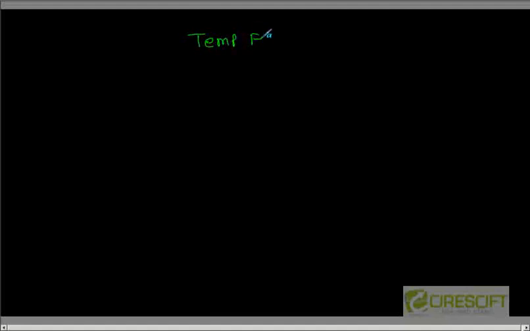Temp files are used when, let's say, we want to do a sort. Let's say you give your SQL statement where you do select star from emp order by employee name.